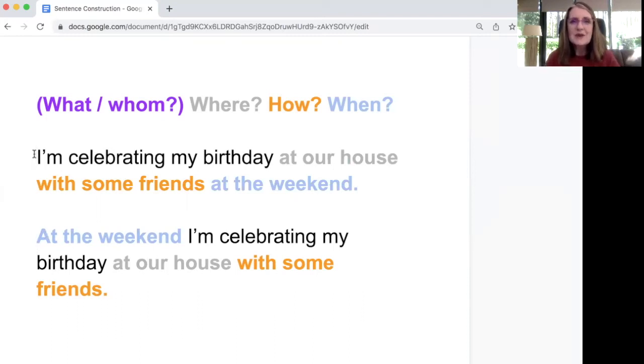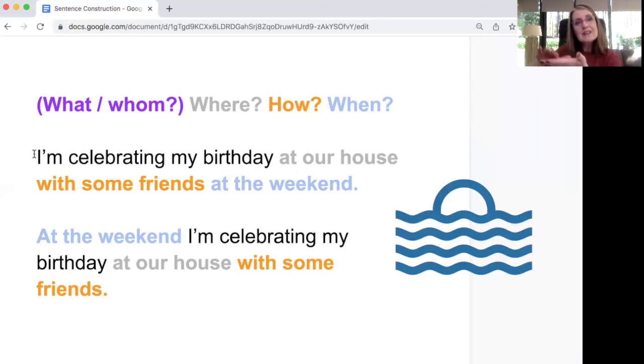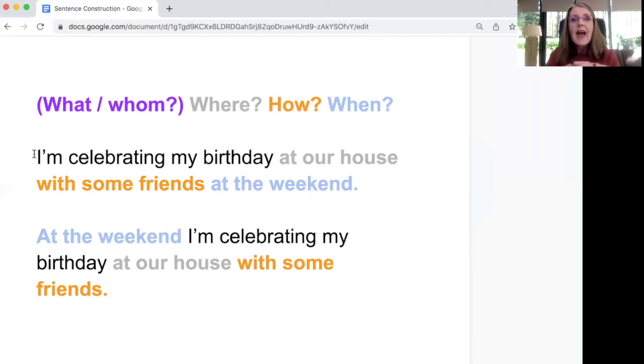What I would like you to notice about these blocks is that when we are intonating a sentence, where we are working out where to put the focus onto the words in the sentence, in each block we have a wave, just like in the sea. And so in the first sentence, we would say, I'm celebrating my birthday at our house with some friends at the weekend.